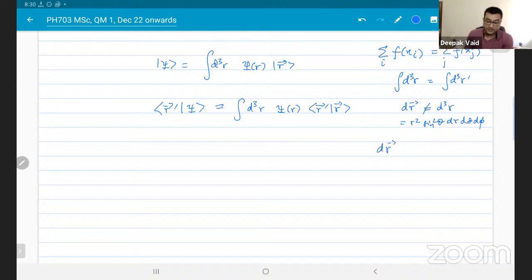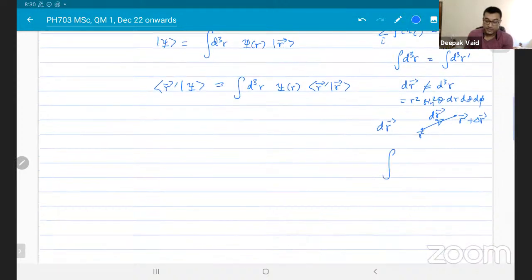What is dr? dr is a vector. So this is r plus delta r, and this is dr. If you do the line integral of something along some curve, then you would say A dot dr. So this would be dr. But here we are doing a volume integral, right?